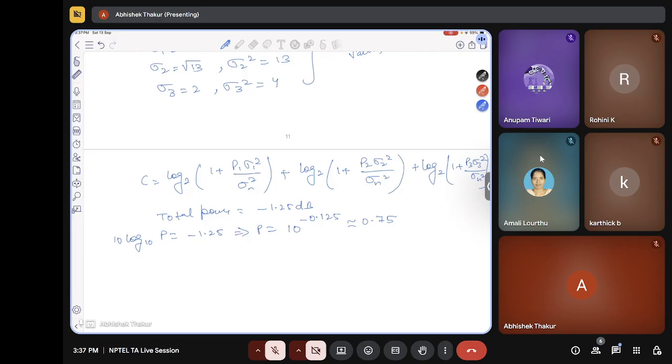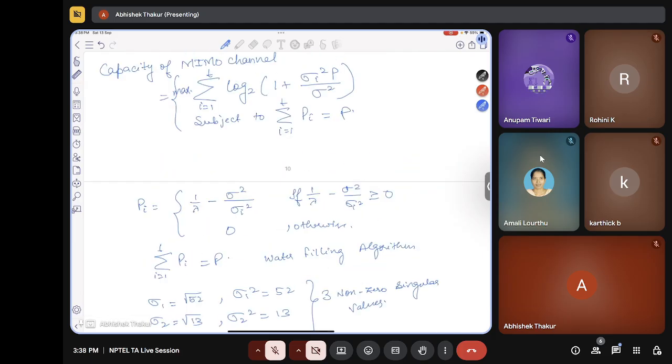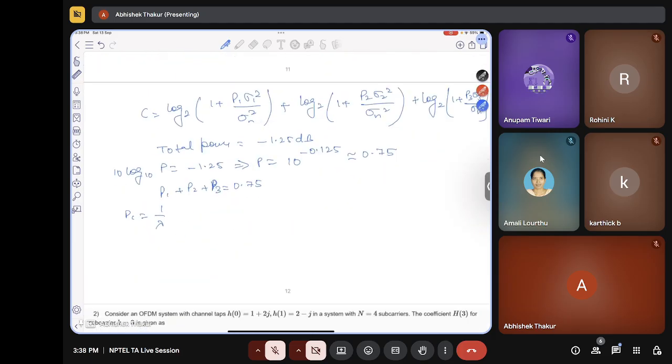Now, the total power P1 plus P2 plus P3 is 0.75. And what is the value of P1? P1 is equal to 1 by lambda minus sigma squared by sigma 1 squared. We have studied this formula: P_i is 1 by lambda minus sigma squared by sigma i squared.